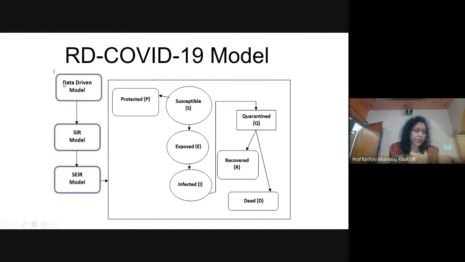Here, firstly, we took the data-driven model and transformed it into the SIR model. Then from that, the susceptible, exposed, infected and recovered model. From that, we developed this complete model: susceptible, exposed, infected, quarantined, recovered, death, and protected. So it is basically an SEIQRPD model.